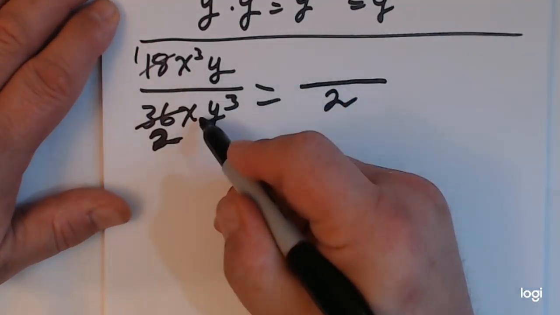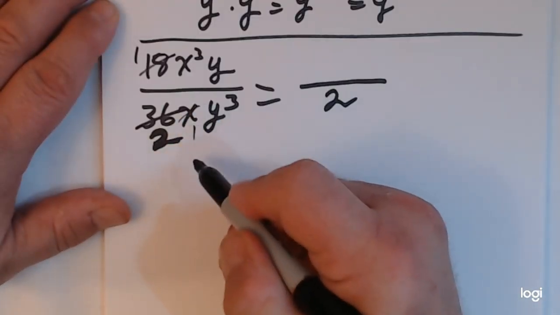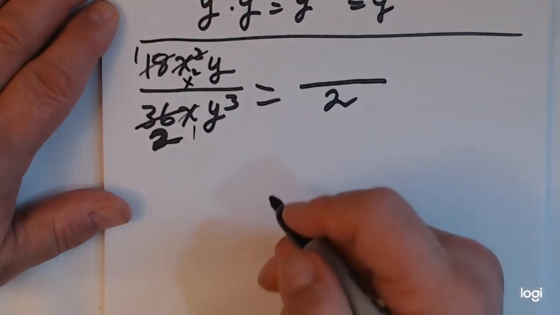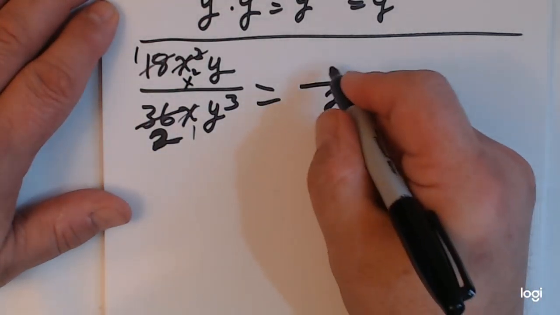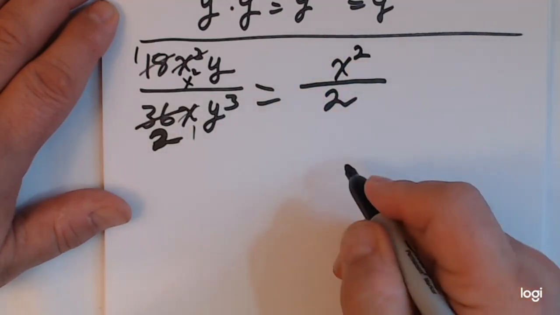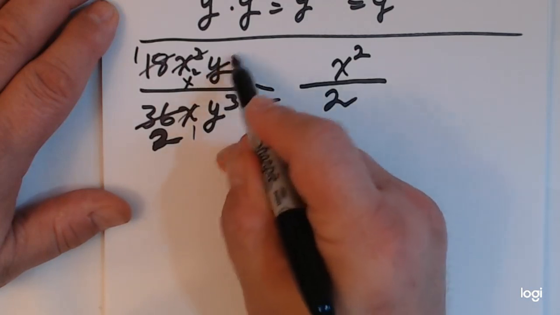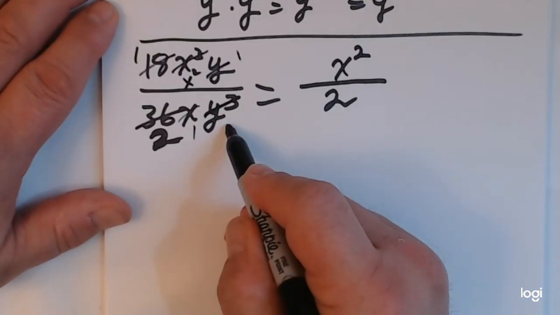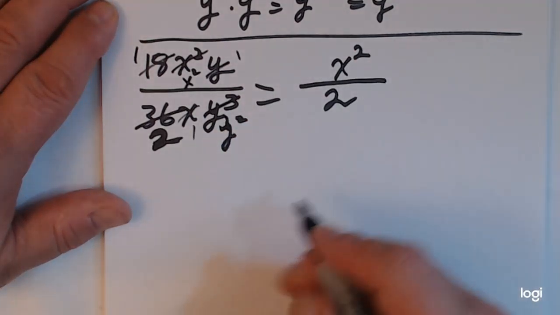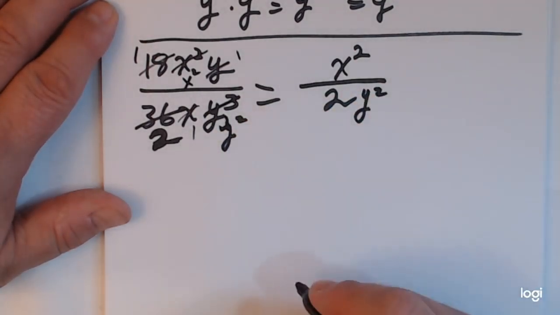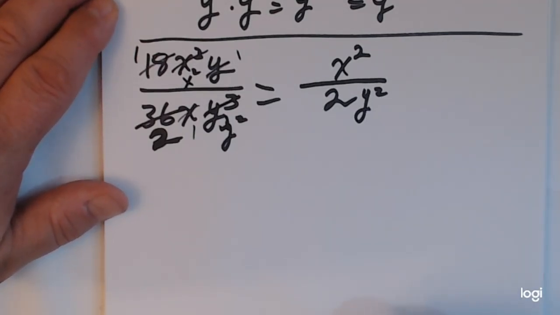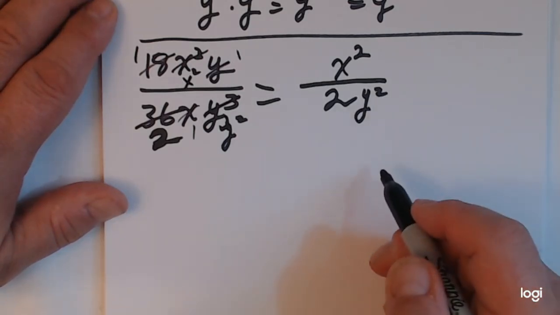Now, x cubed over x, well, x goes into itself once and into x cubed, x squared times. So we're going to have an x squared up here. And y goes into itself once and into y cubed 2 times. So we're going to have a y squared down here. And that is the answer to this particular problem. X squared over 2y squared.